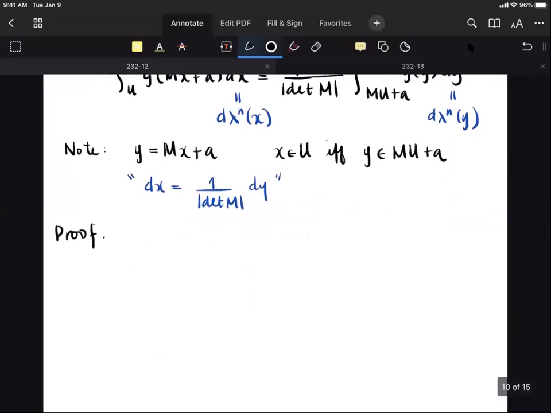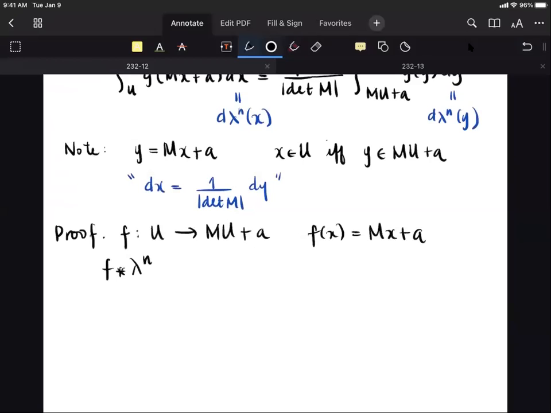So let us define f from U to MU plus A as follows: f of x is equal to Mx plus A. Then we know from our previous discussion that this image measure is the same as 1 over the absolute value of the determinant of M times the Lebesgue measure.